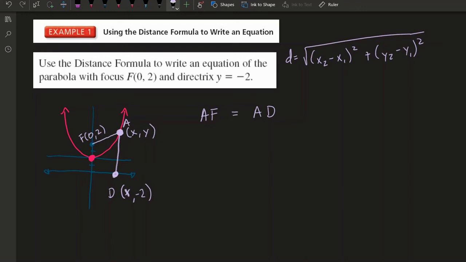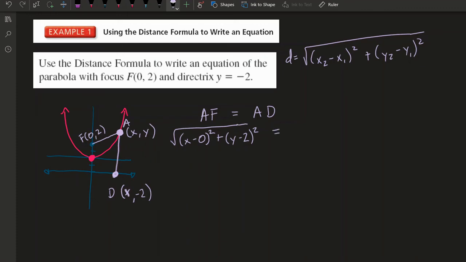So for AF, we will say that this is x2 and y2, and this F right here is x1 and y1. So I've got the square root of x minus 0 squared plus y minus 2 squared.